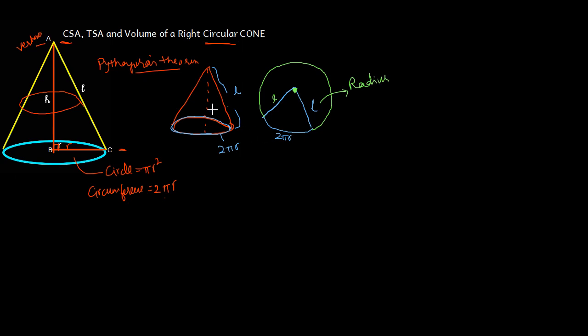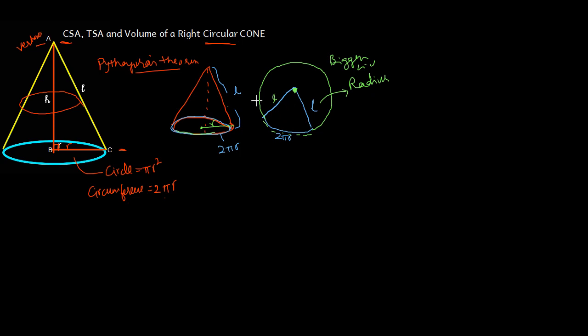So understand this. I've cut open the cone, which looks like part of a circle. I completed the circle thinking that my slant height is the radius for the bigger circle. For the smaller circle, I still have my radius as r. That's the reason this circumference, which is this length, is my 2 pi r.